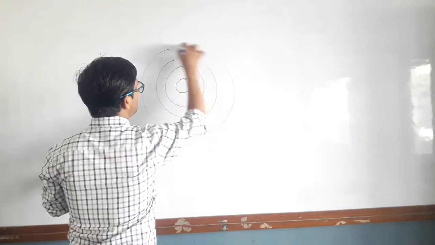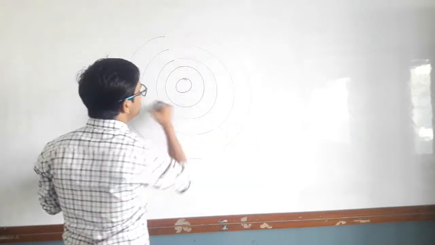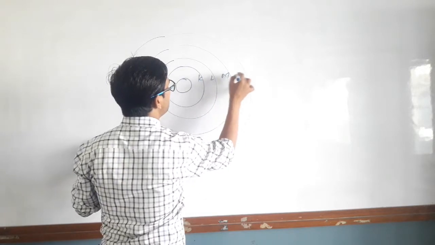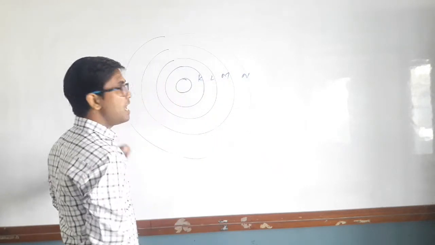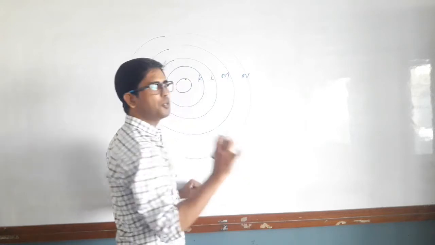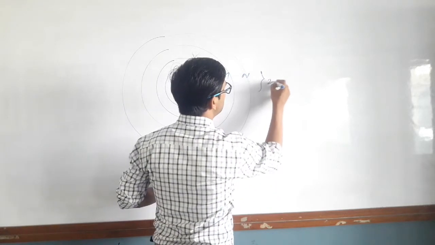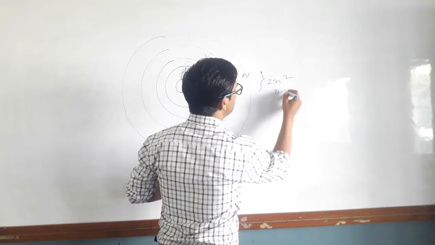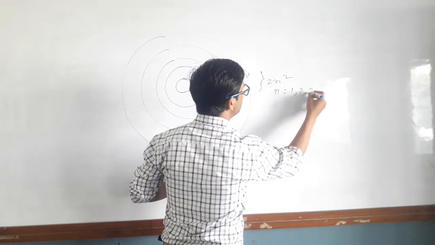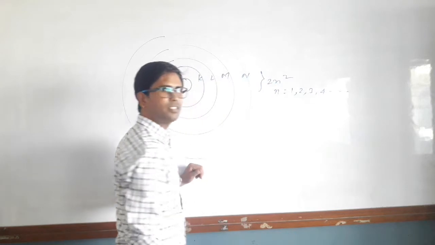shells. And each shell is named K, L, M, N. To know the total number of electrons in any shell, the formula was 2n square, and for the value of n, 1, 2, 3, 4, continuous.